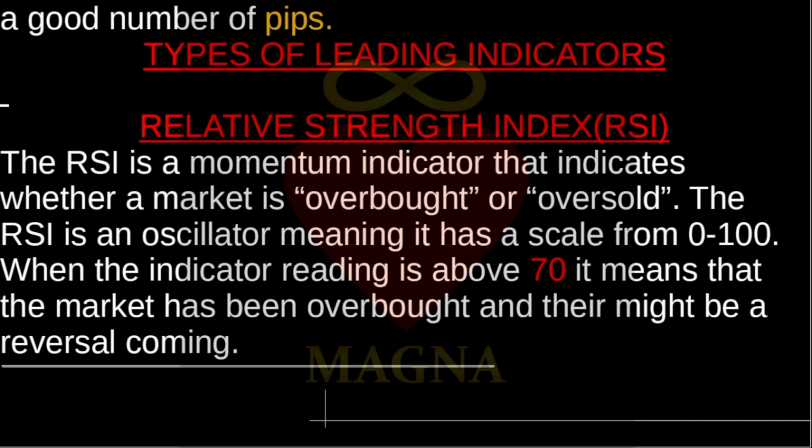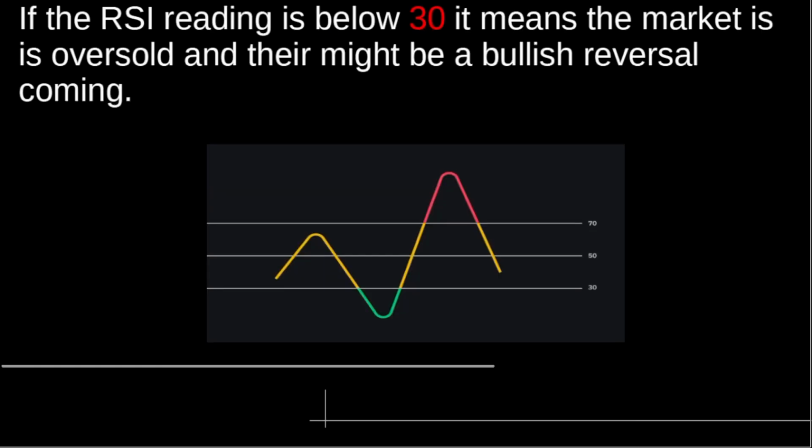The RSI is an oscillator, meaning it has a scale from 0 to 100. When the indicator reading is above 70, it means that the market has been overbought and there might be a reversal coming. If the RSI reading is below 30, it means the market is oversold and there might be a bullish reversal coming.